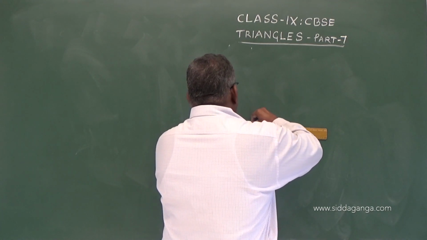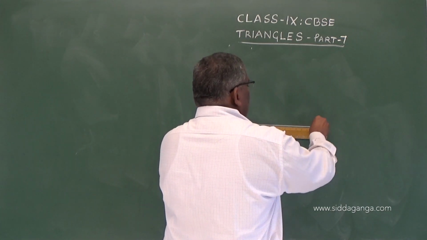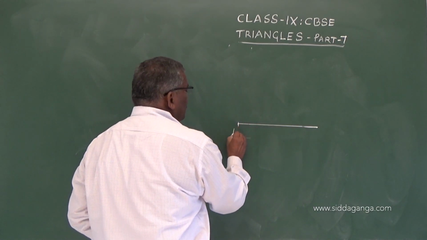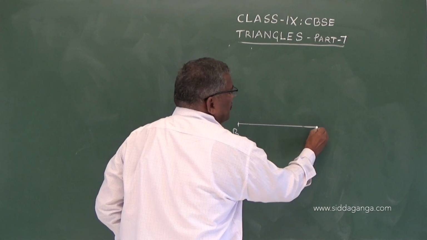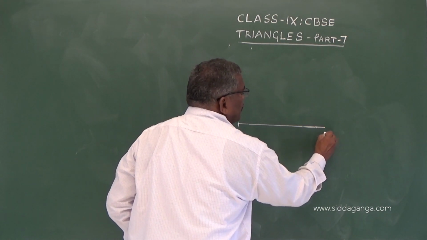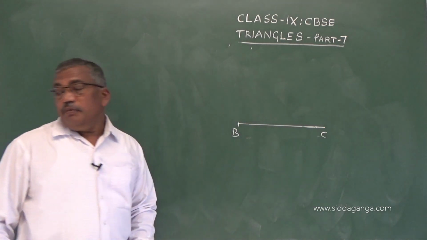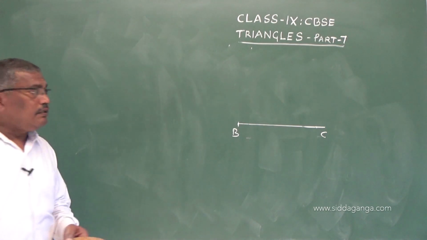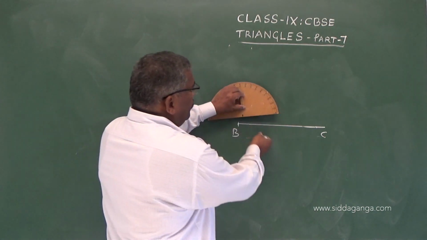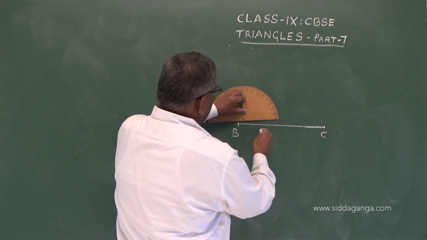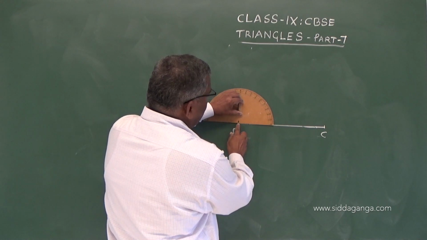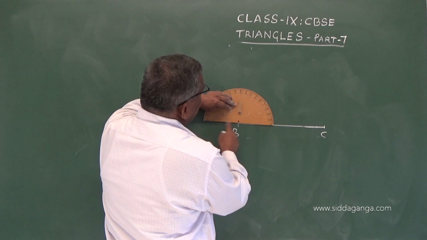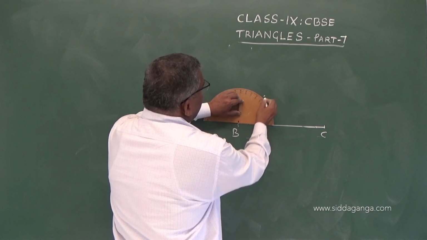So take some base, whatever may be the length, say this is BC. Now angle B you take up, say some 50 degree from here, say this is 50 degree.